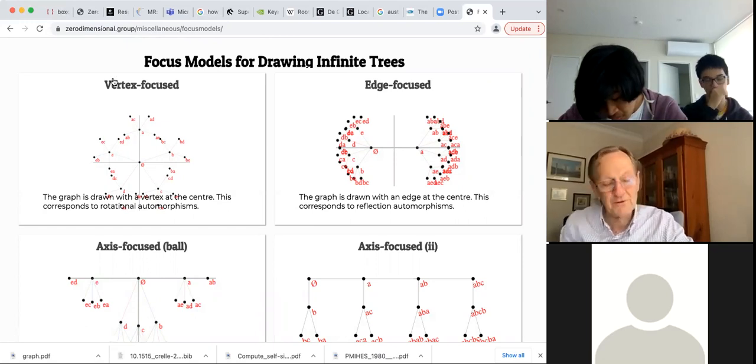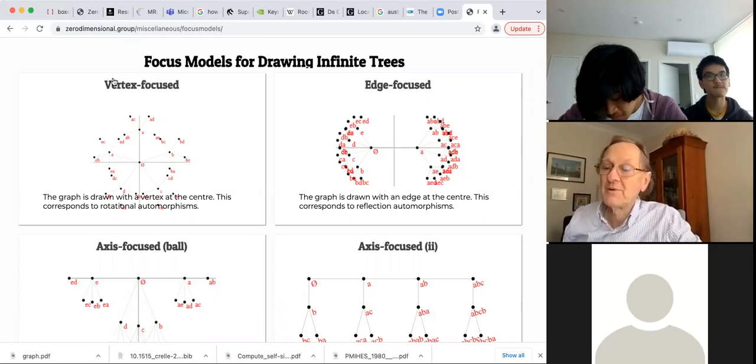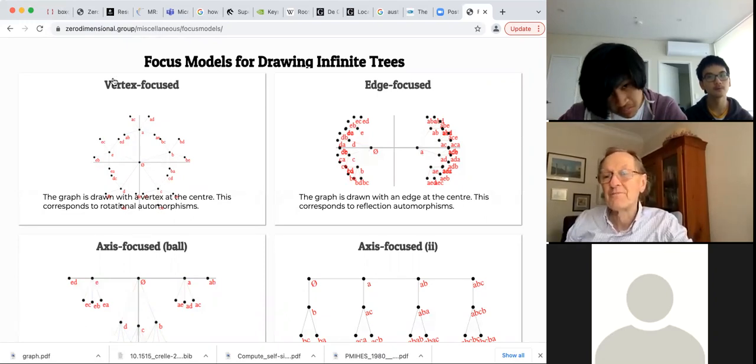So you saw that in the examples that Marcus was showing yesterday, we came up with some graphs, and then we wanted to draw them. And it was sometimes hard to see what the shape was, and what the symmetries were.